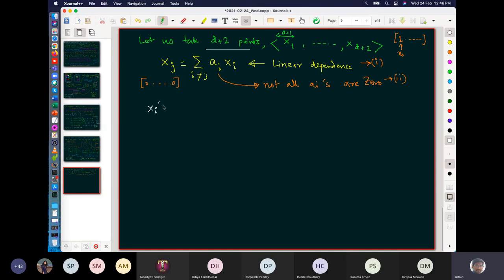Let's say xi's with non-zero ai's get yi equal to sign of ai. Those xi for which ai's are non-zero, I give the corresponding yi as the sign of this ai. One dichotomy I am trying to construct.